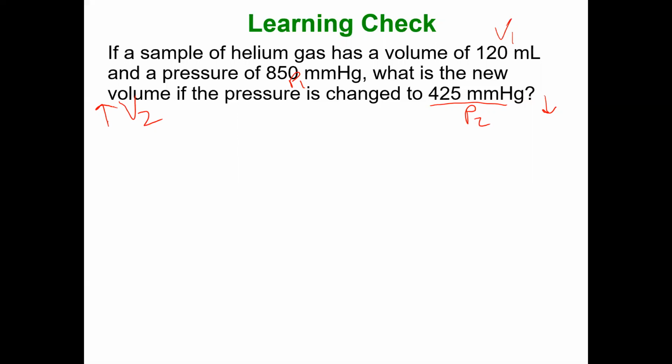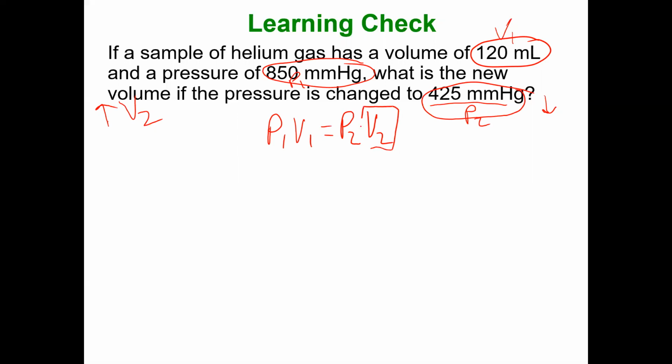We can use P1 V1 equals P2 V2, and we could directly plug in our initial volume, our initial pressure, and our final pressure to solve for V2, or we can solve for V2 algebraically.